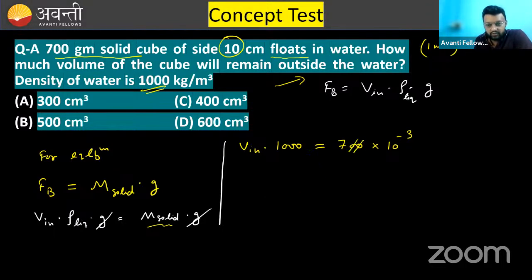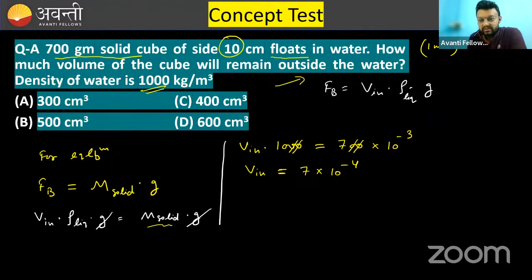So volume inside is equal to 7 into 10 raised to the power minus 4 meter cube. Clear? This is the volume inside the liquid, and we are asked the volume outside the liquid.